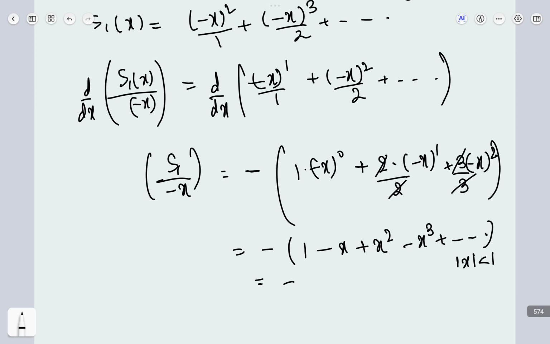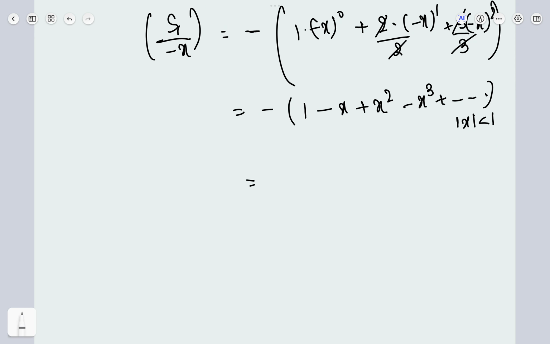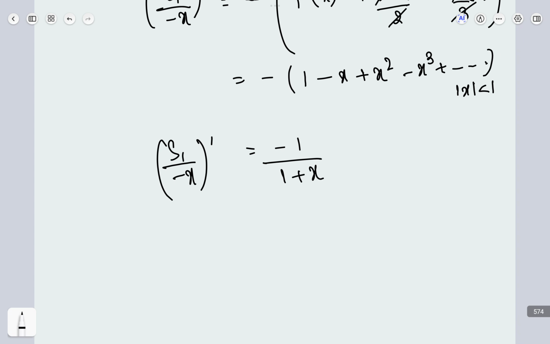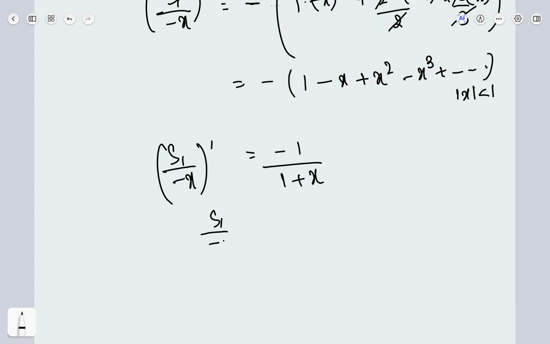So I can just say that 1 upon 1 plus x should be S1 upon minus x, dash. This was the differential of it, right? So S1 upon minus x should be the integral of this, which is minus ln mod 1 plus x plus c.